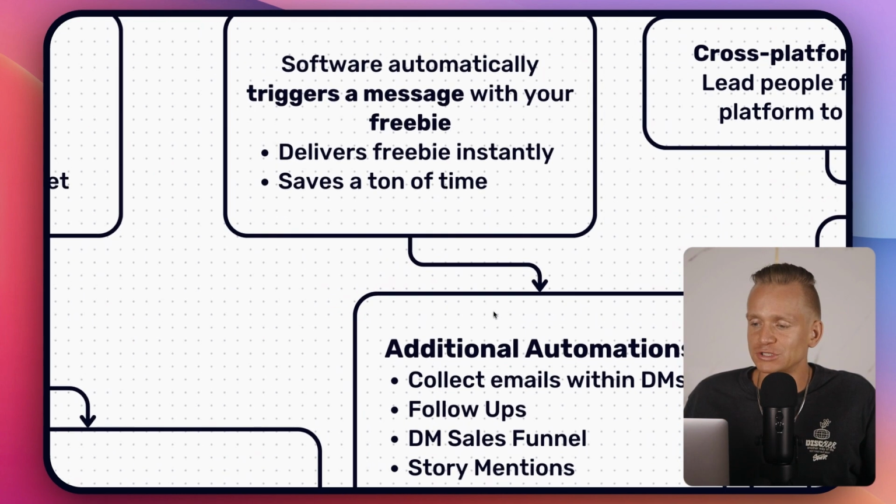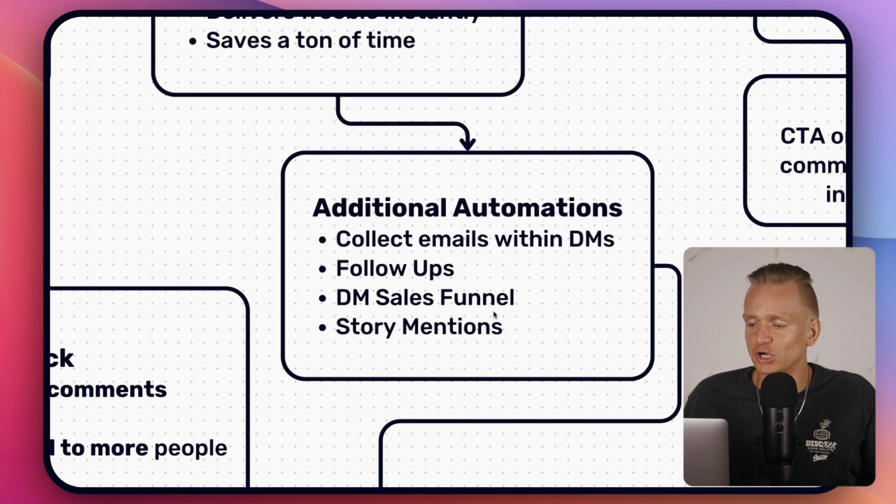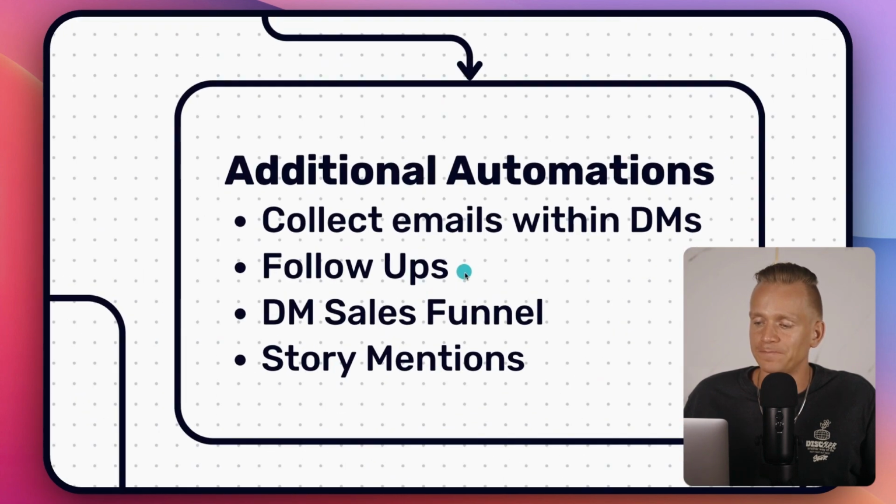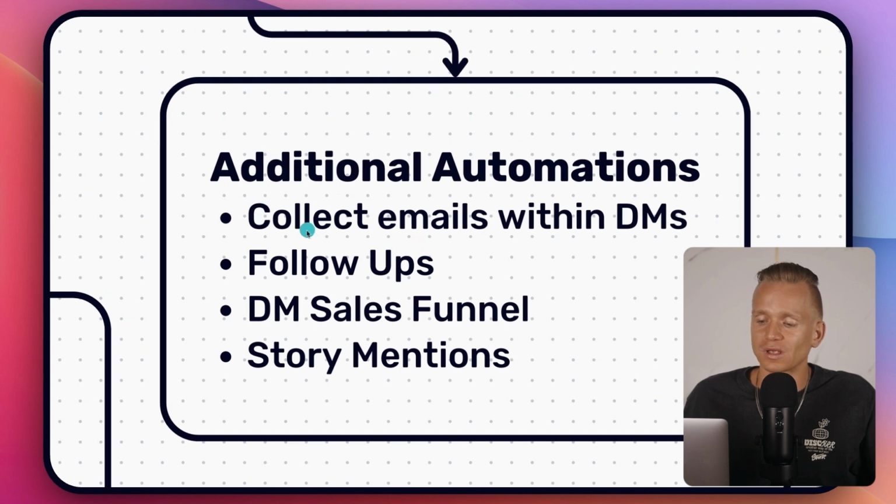And by the way, when it comes to these automation softwares, I'm not gonna go in depth right now, but they actually provide a lot of different features that, aside from this strategy, can really help you. So for example, you can send people to a landing page where you collect their email address, because I would suggest you usually collect an email address.